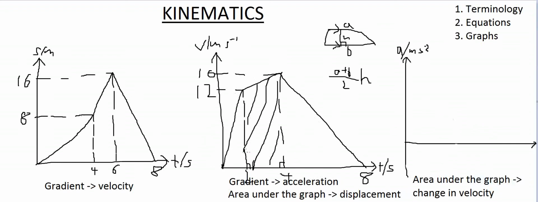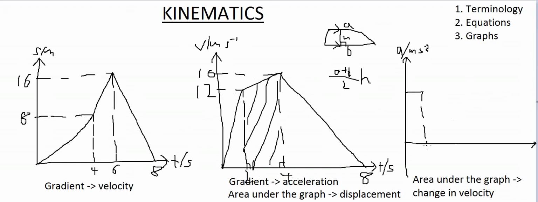Let's look at the first region. It travels in 2 seconds and the velocity has increased to 12 meters per second. So you take the gradient, 12 divided by 2, which is 6 for the first 2 seconds.